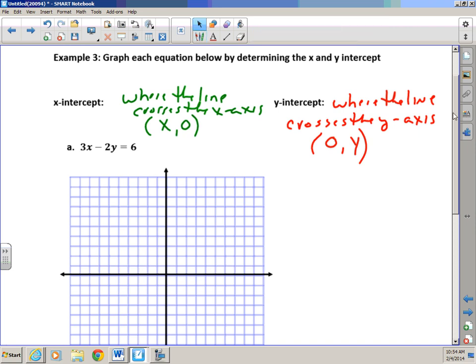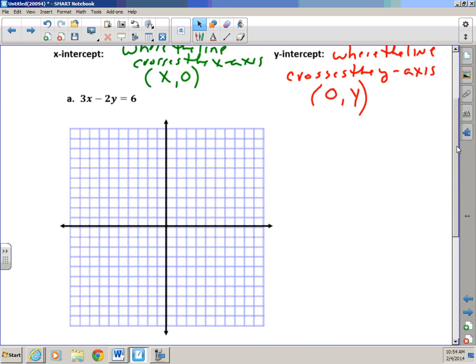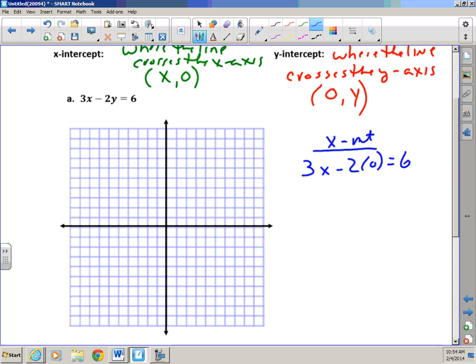So what you can simply do, because the numbers work so nicely here, is for the x-intercept, take this equation and put 0 in for y and solve. So I know my x-intercept is the coordinate (2, 0), which is right here.